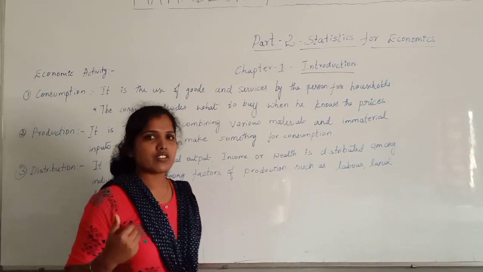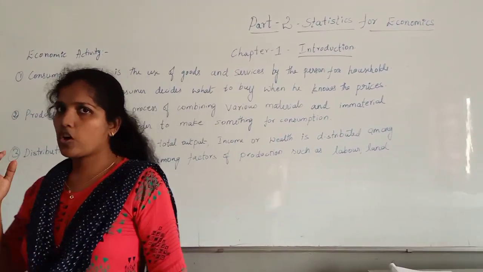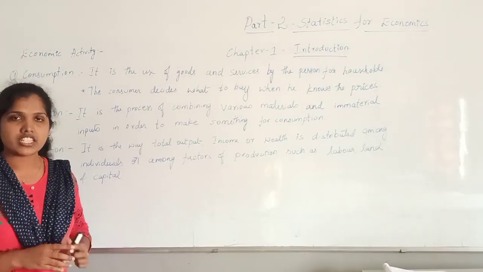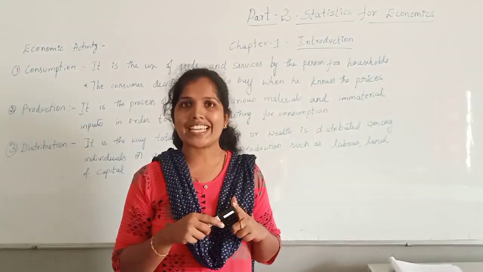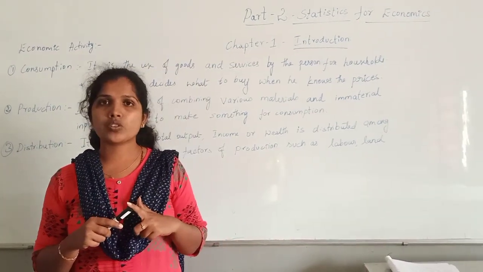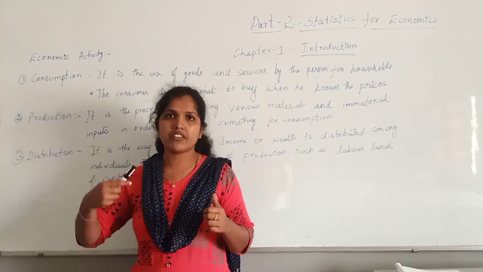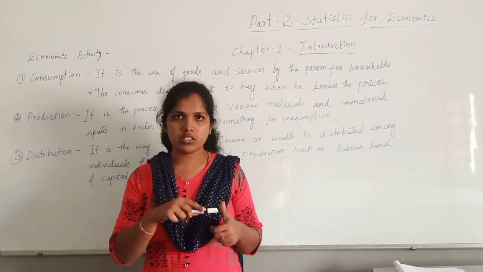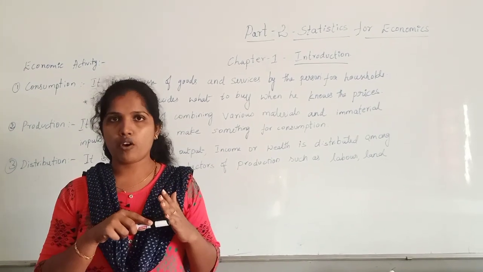Okay, I was explaining the economic activities. According to economics, the study of human beings related to their daily activities is known as economics, and economics is subdivided into consumer, producer, seller, employee, employer. Correct?